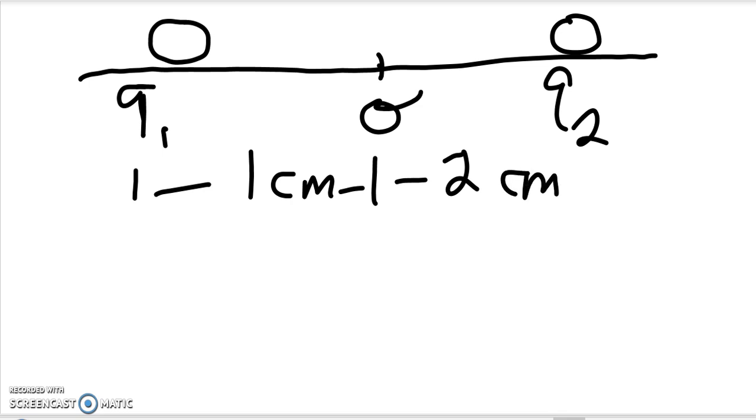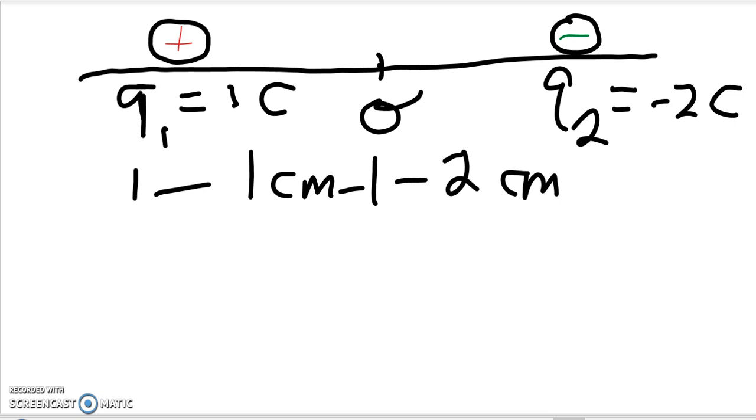Let Q1 have a charge of 1 coulomb, and let Q2 have a charge of negative 2 coulombs. So Q1 is positive and Q2 is negative.